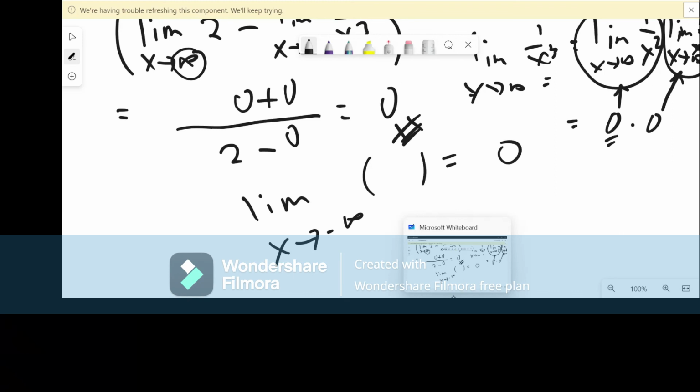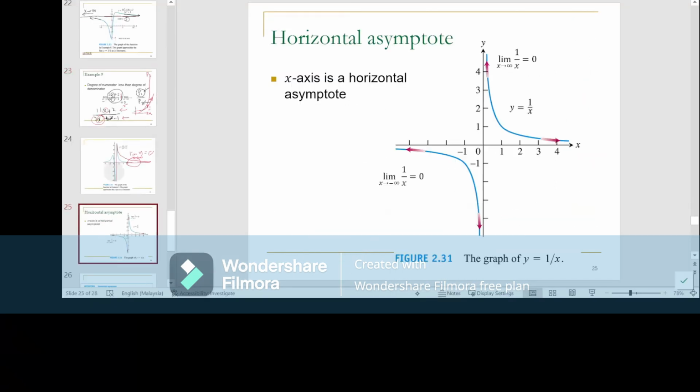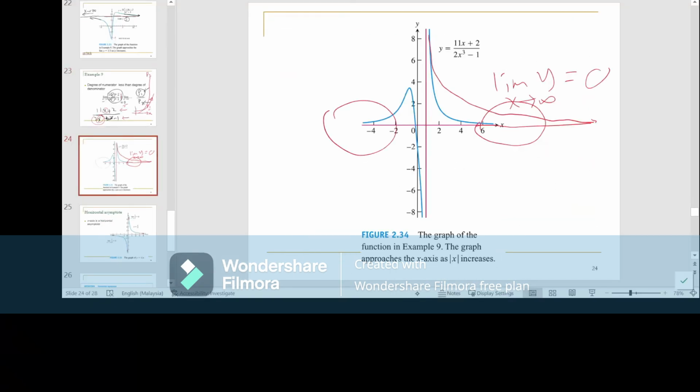This fact is represented by this part of the line, where when x becomes larger and larger in the negative direction, the values of the function just tend towards 0. So whenever x goes to positive infinity or negative infinity, the function tends towards 0.